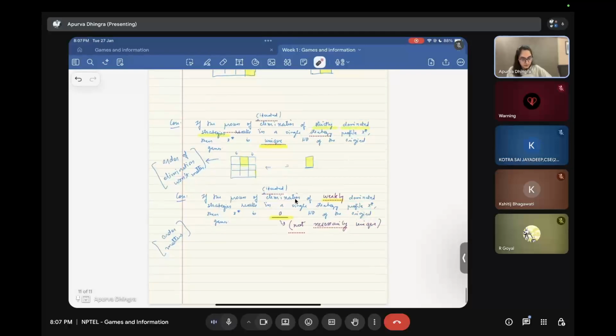While this will not be unique if we eliminated the weakly dominated strategies. And hence in that case the order in which we are eliminating matters, while the order does not matter in this case. So yes, with this I have covered the summary.